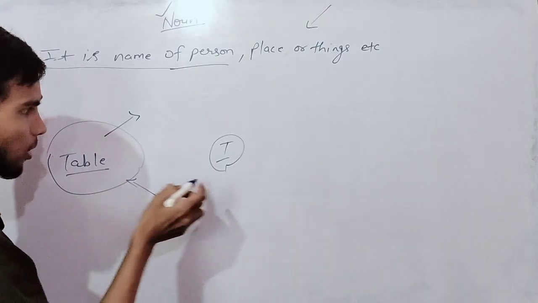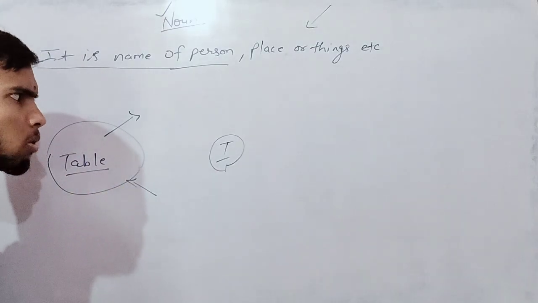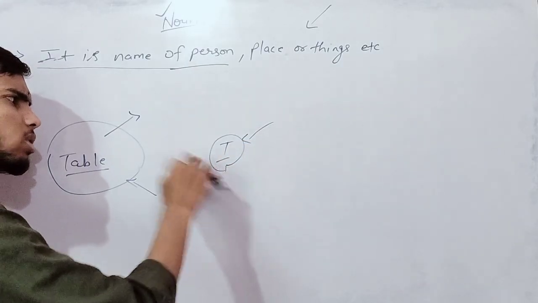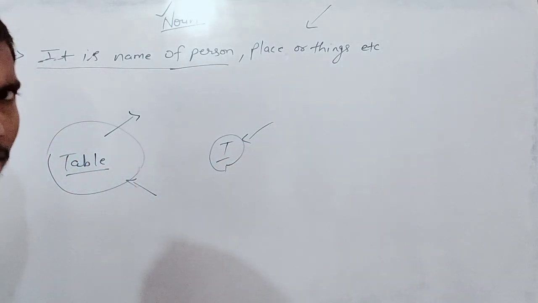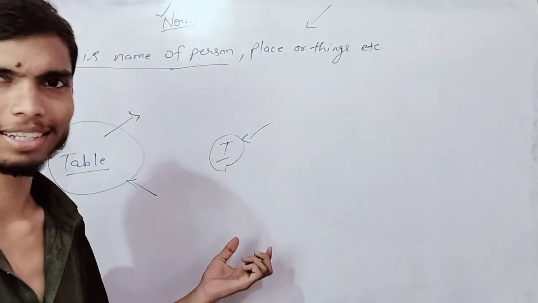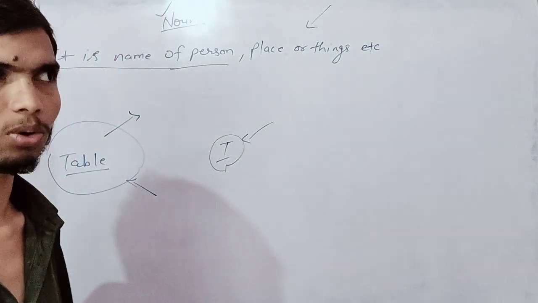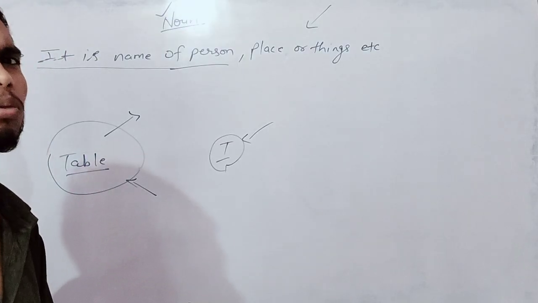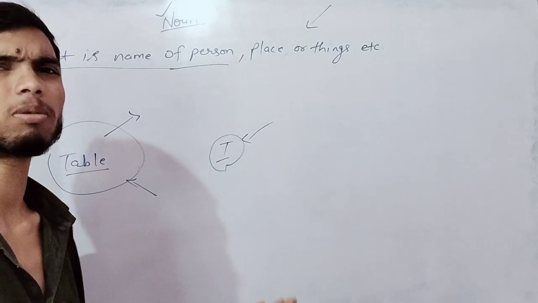You would say, okay, name of this word is noun. Because it is a word. You would say it is a word, so perhaps name of this would be noun.